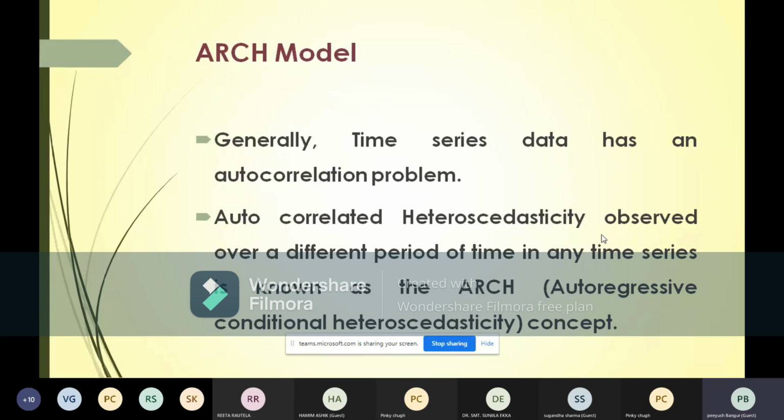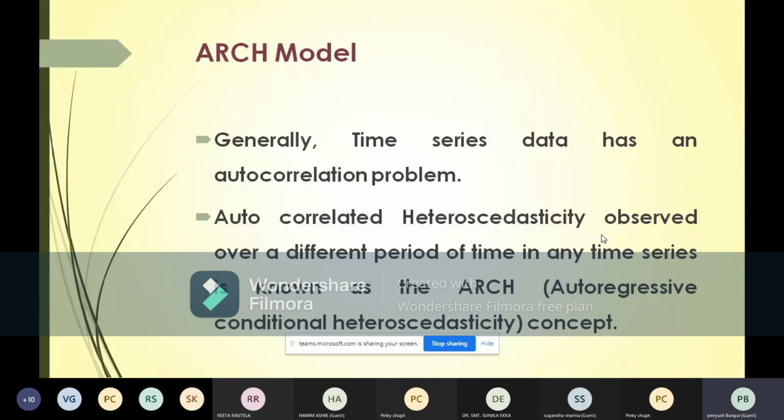This will create the problem of heteroscedasticity. While in case of homoscedasticity, the variance of your residual is equal. So the regression model generally follows the homoscedasticity assumption, while the ARCH models generally follow the heteroscedasticity assumption.